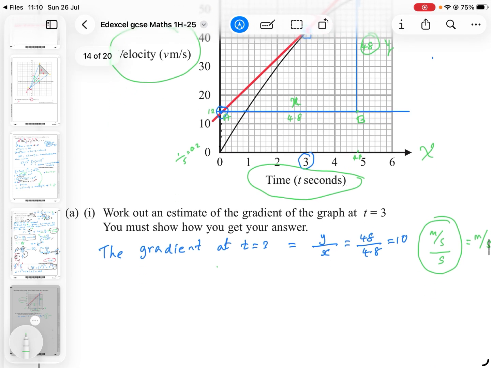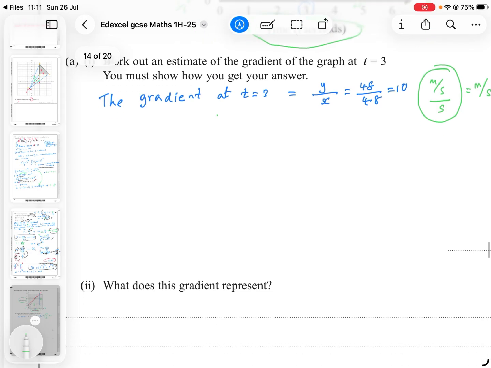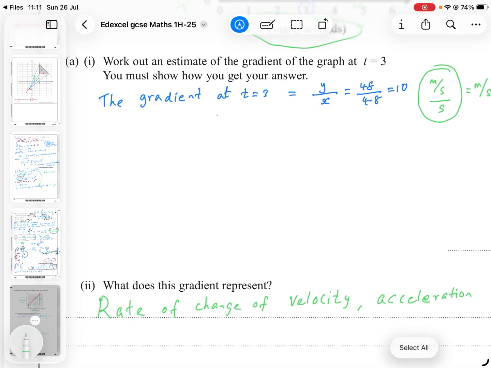So you can say the gradient means acceleration, or you can write down rate of change of velocity, or you can say acceleration, or you can say increase in velocity each second. Any one of the answers is correct.